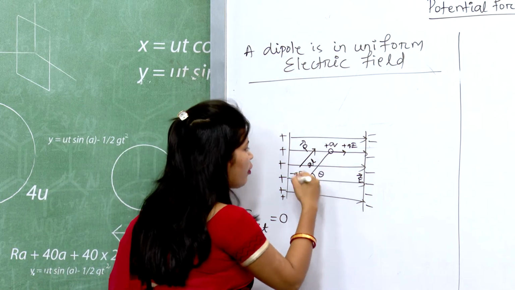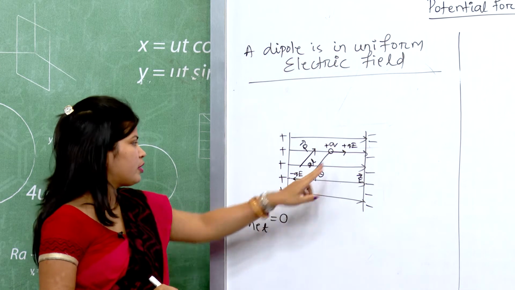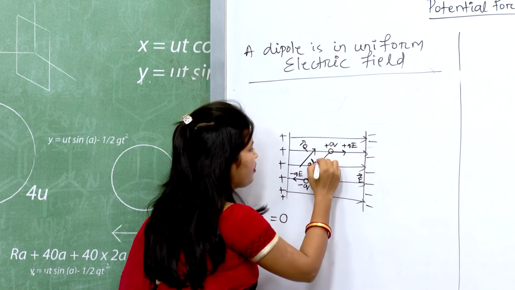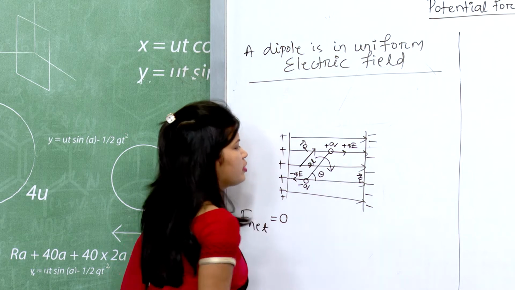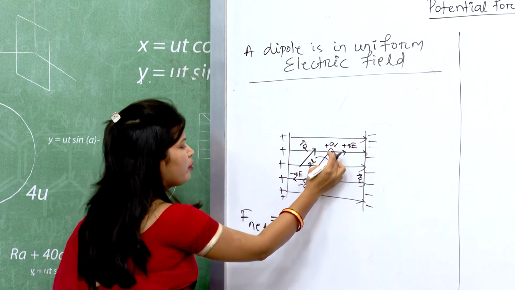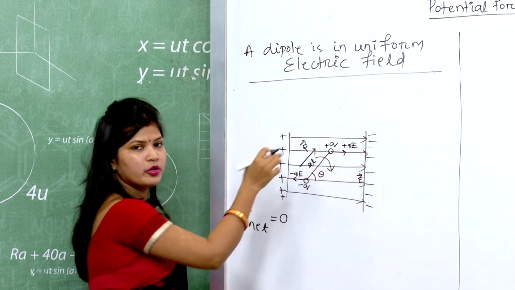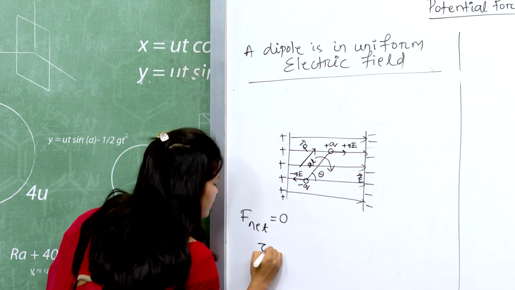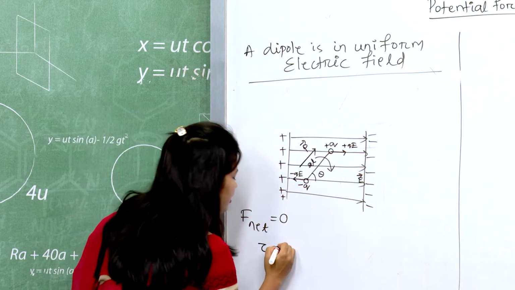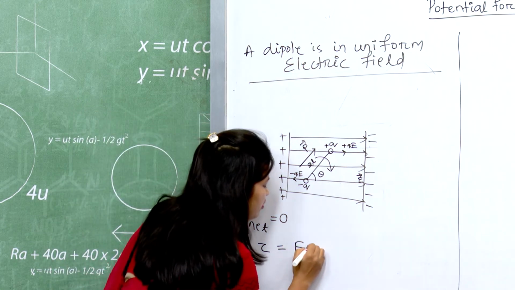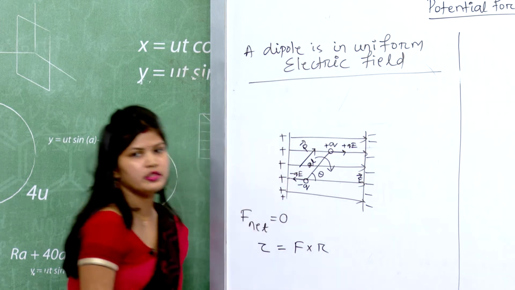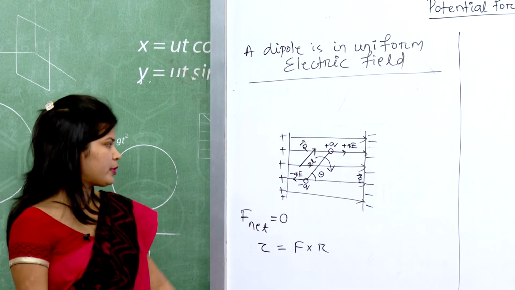So what causes the rotation of the dipole? When I rotate the dipole in this way, the couple of forces will act and that produces torque. We know that torque is force into perpendicular distance.